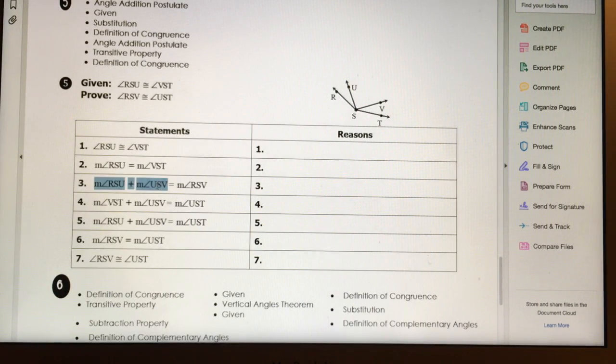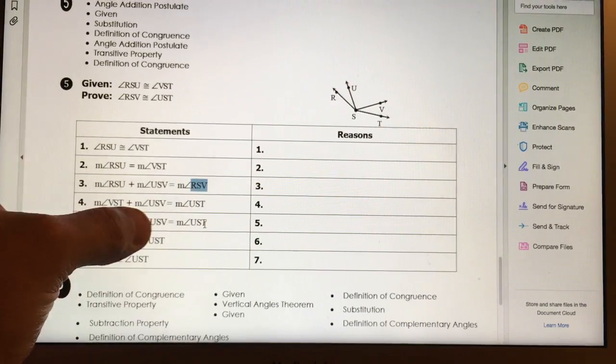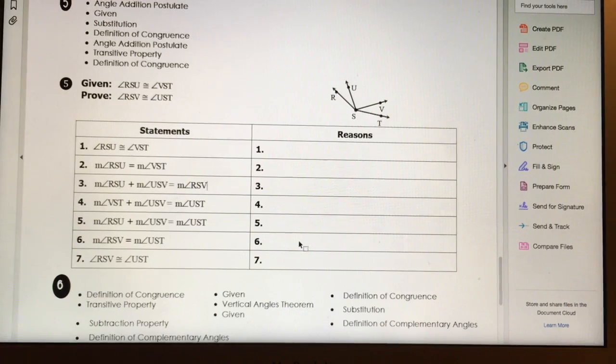And RSU plus USV equals RSV. So therefore those two are equal to each other. Since these two are the same, and both of those are equal to it, then those two are equal to each other by the transitive property. So number 6 would be transitive property. And what final property allows us to jump from equals to congruence? Definition of congruence one more time. And we are finished with that problem.